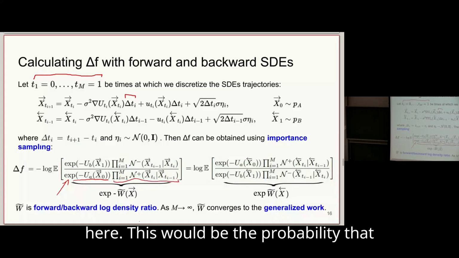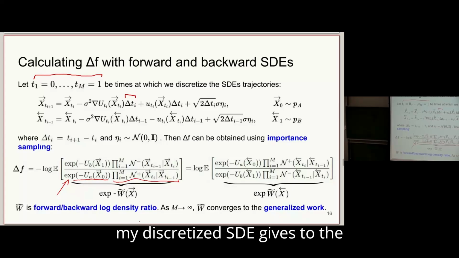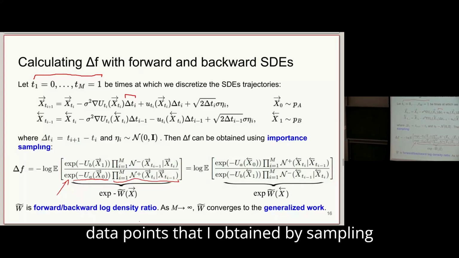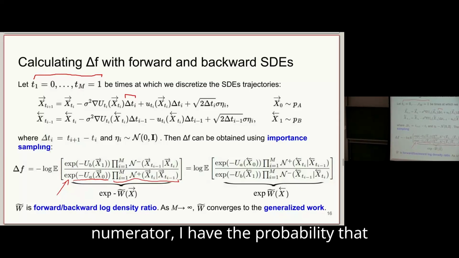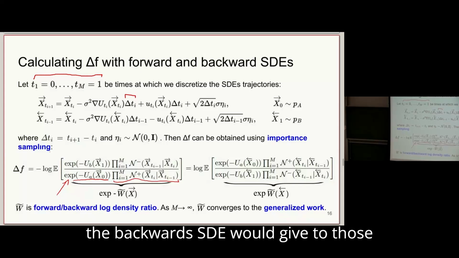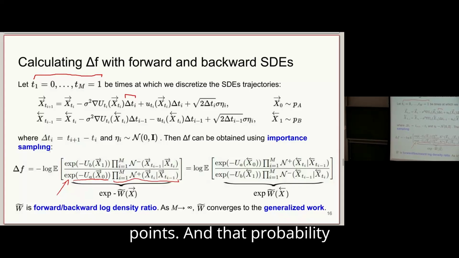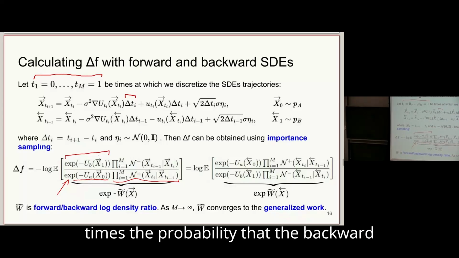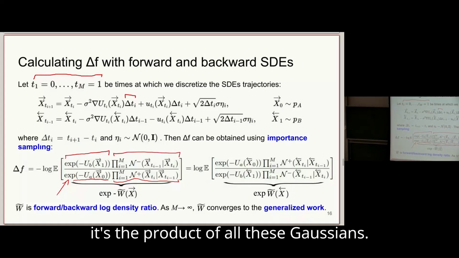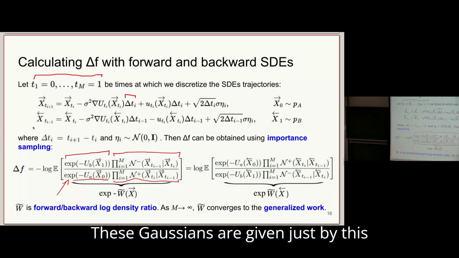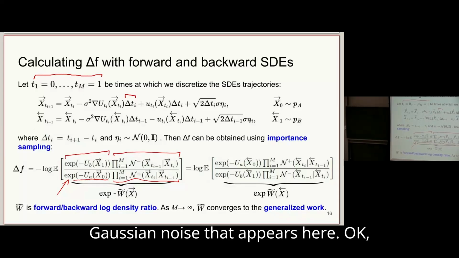This would be the probability that my discretized SDE gives to the data points that I obtained by sampling from that model. No? And now, in the numerator, I have the probability that the backwards SDE would give to those points. And that probability is the normalized distribution at the end of the discretized sample times the probability that the backward model gives to all those samples. Okay? It's the product of all these Gaussians. These Gaussians are given just by this Gaussian noise that appears here.